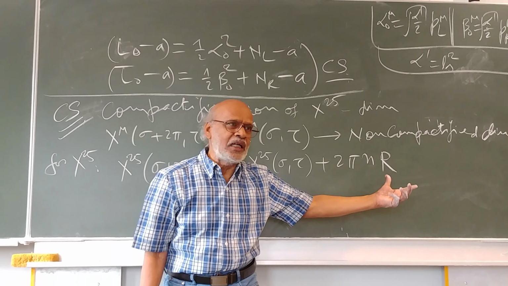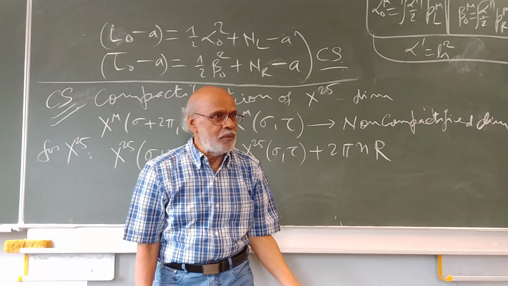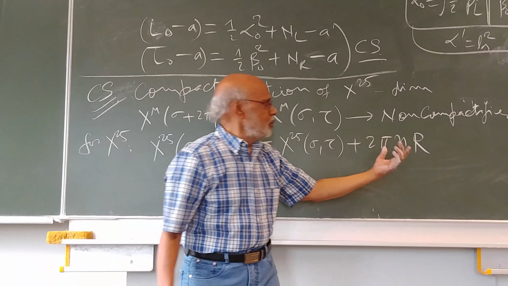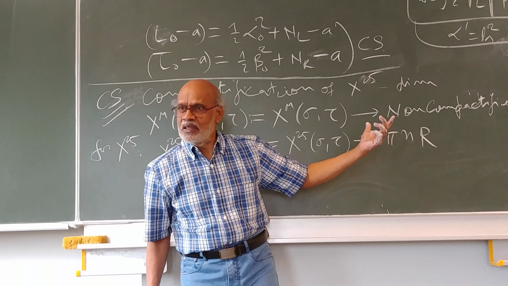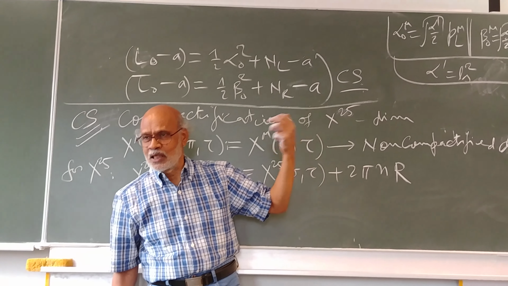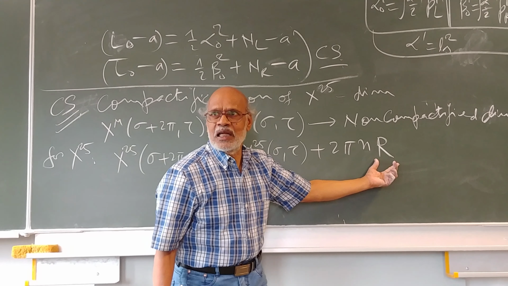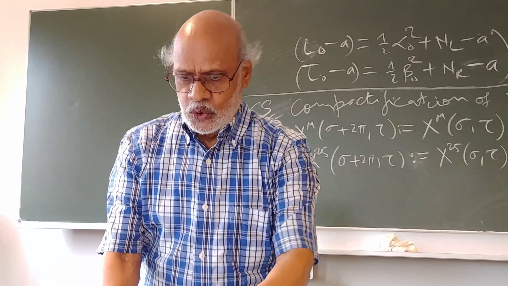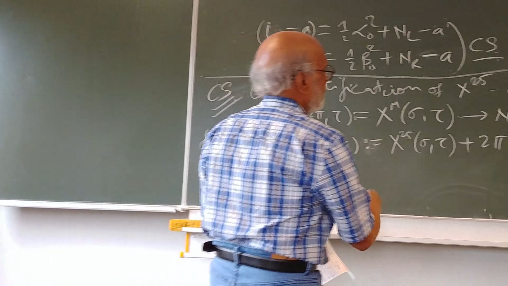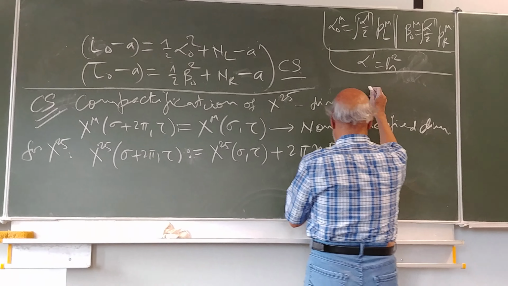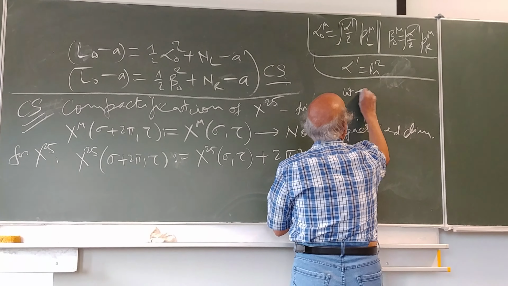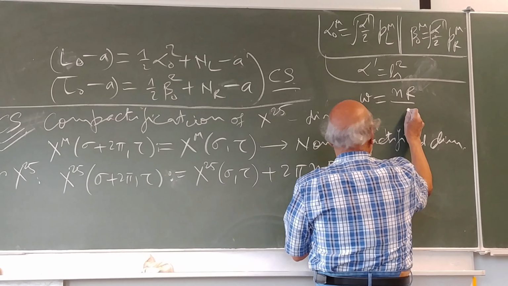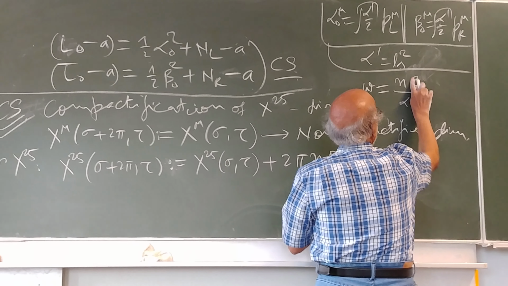So we want to compactify the 25th dimension along a circle of radius given by capital R, and here n would be the winding number. So we introduce a winding number, and we introduce another variable w, which is defined to be nR by alpha prime.